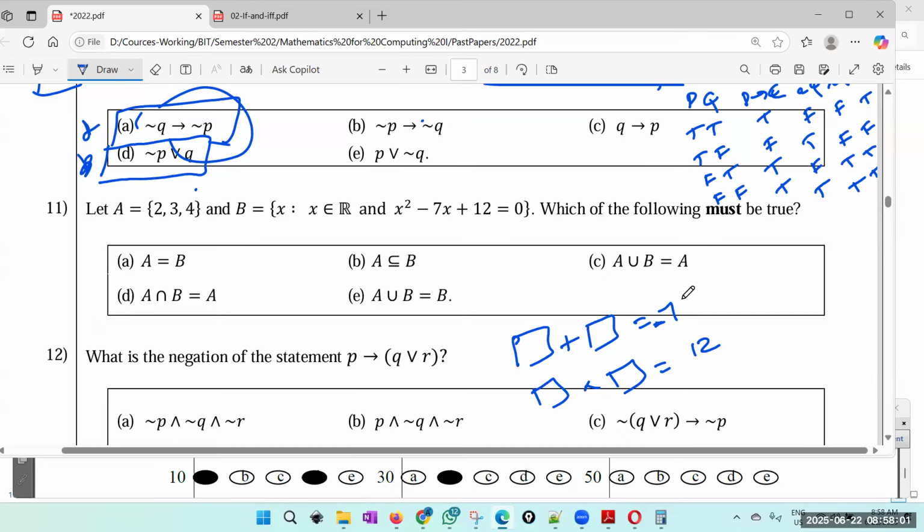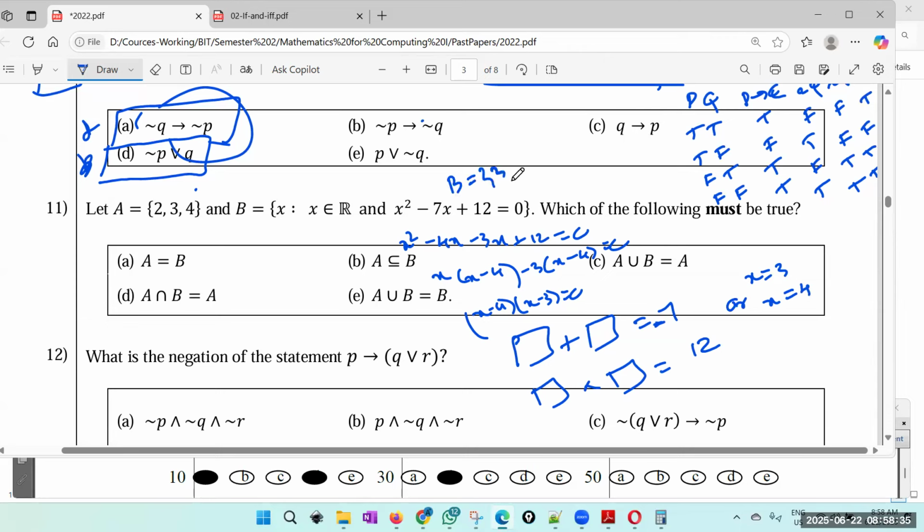So this is x squared minus 4x minus 3x plus 12 equals 0. Taking x minus 4 out, x minus 4 into x minus 3 is 0. So x equals 3 or x equals 4. So our B set is 3, 4, because those are the real solutions for this.